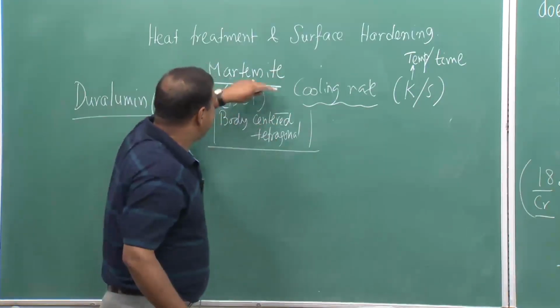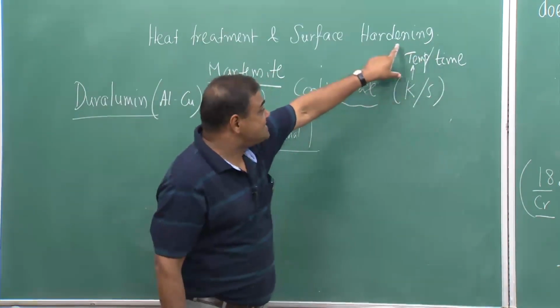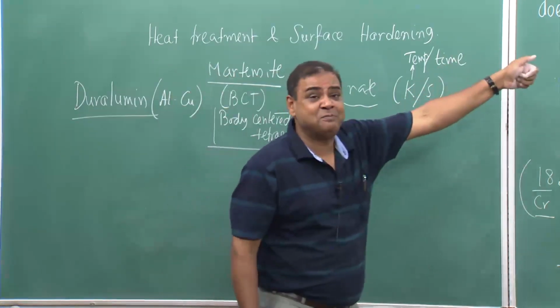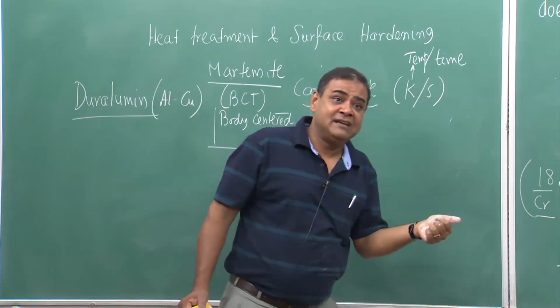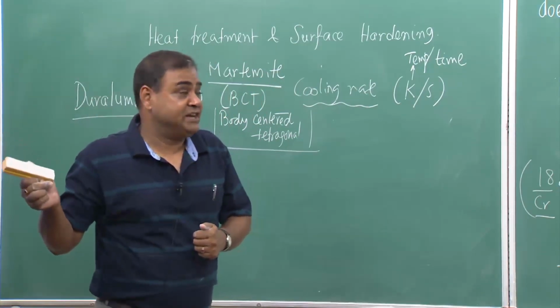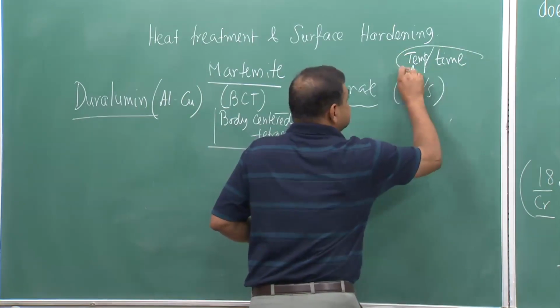So, that means you can again see time and temperature. If we change this time and temperature in the same composition, we can get different properties as desired in order to meet the performance of that material in a practical application. So, what is this temperature and time?